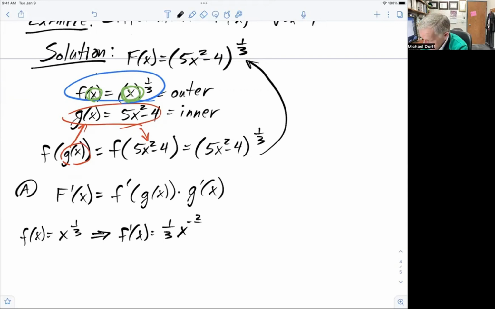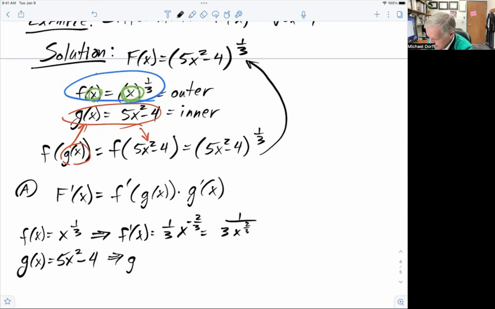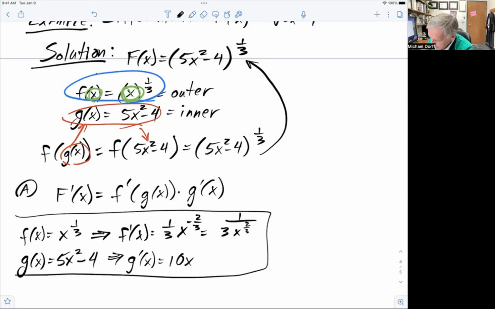That's going to give me negative 2/3, which is often written as x to the positive 2/3 power if I put it in the denominator. Some of you might write that as the cube root of x squared, and that's a perfectly fine thing to do, but I'm not going to do it right now. And g of x is 5x squared minus 4, so its derivative is 10x. We're going to use that.